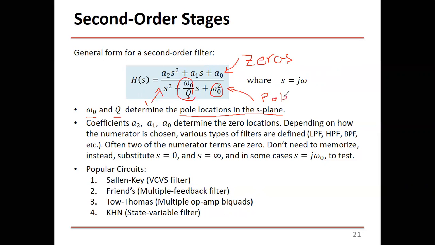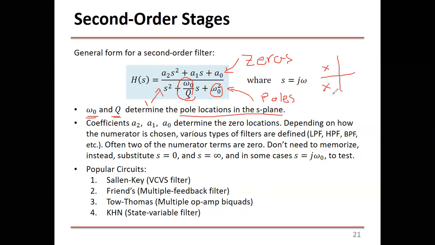So the roots of the denominator give you the location of the poles. The roots of the numerator give you the zeros. So if you find the roots of this equation, that means you find the location of the poles, and you can bring them back and do the inverse of this function to get omega 0 and Q. Okay, for example, if I give you two poles, one here and one here.